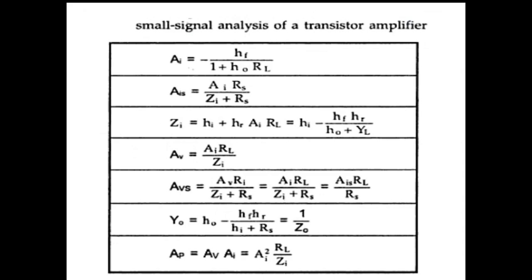Next, ZO is equal to the reciprocal of YO. YO is equal to HOE minus HRE HFE by HIE.